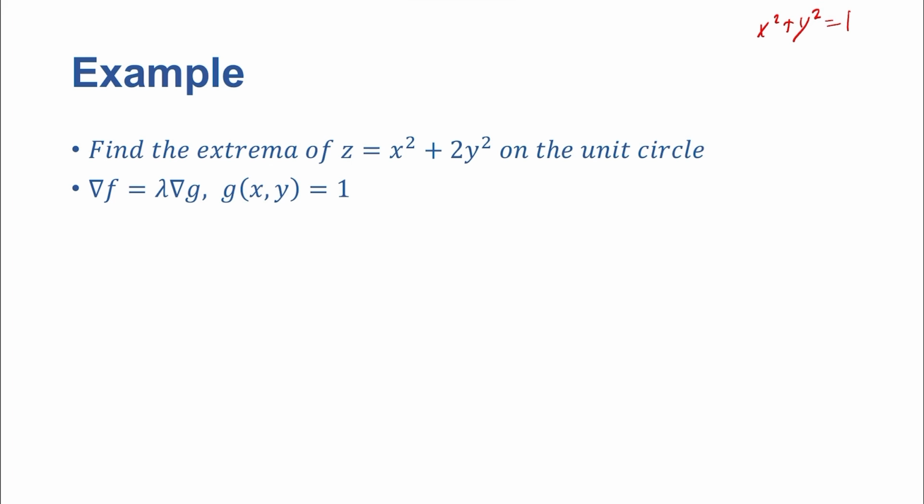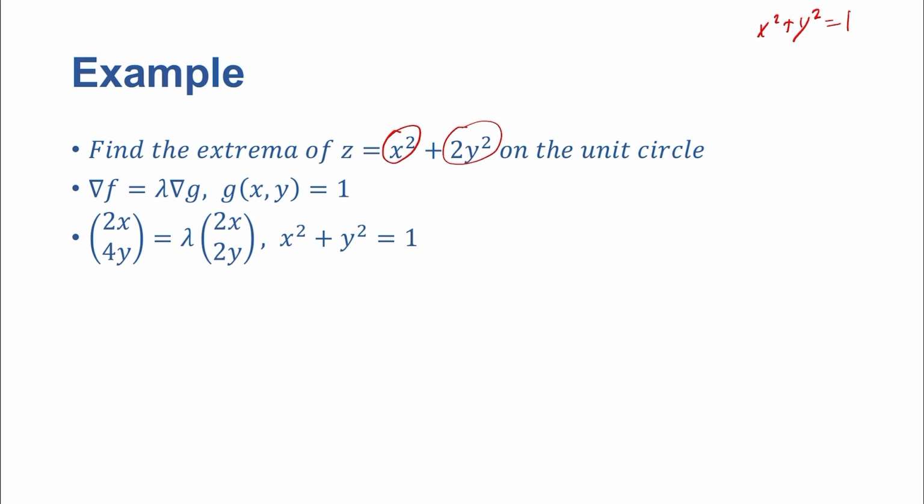And then we also want nabla f equals lambda times nabla g. So now we can take our partial derivatives. I get the vector 2x, 4y equals lambda times the vector 2x, 2y. And then we also have our constraint equation such that x squared plus y squared equals 1.